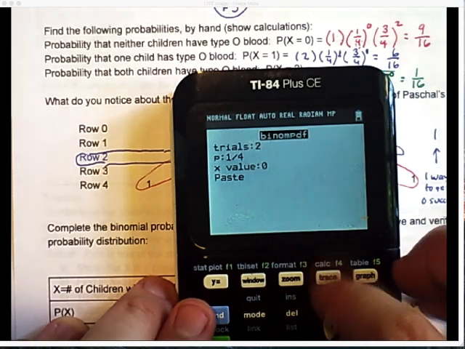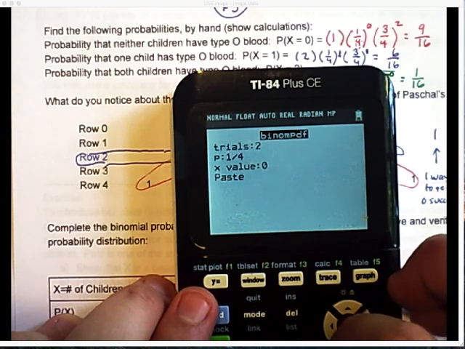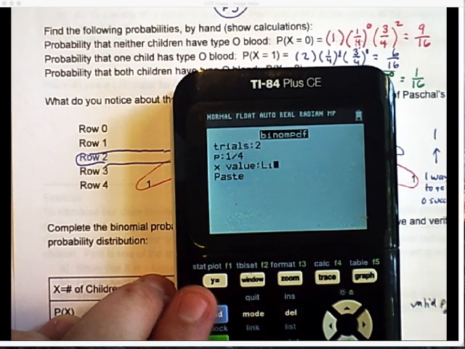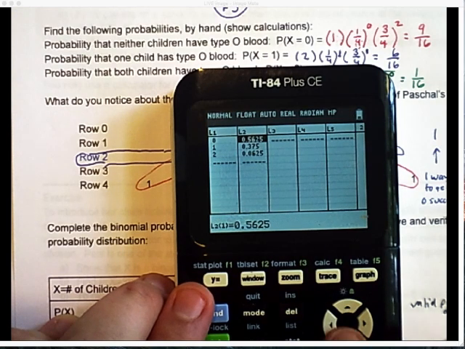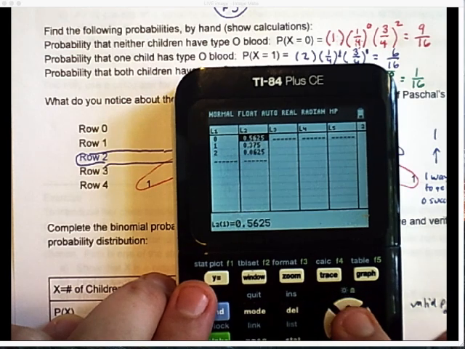Okay, so how many trials do we have? We have 2. What's the probability? It's 1/4. But I want the calculator to look at the value in list 1 as the x value. So that's the only change. I'm going to paste it there, and then I'm going to hit enter. There we go. It just gave it to me as decimals.